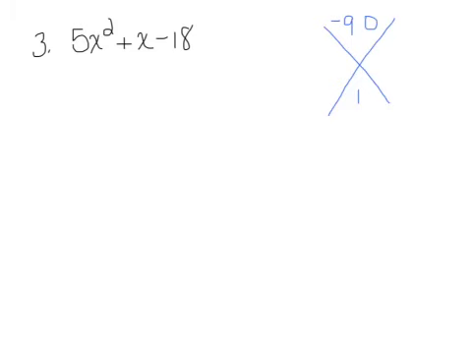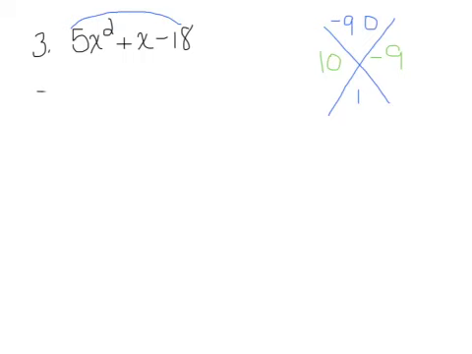Okay, so I know that I have to multiply 5 times negative 18. That gives me negative 90. And I need the numbers to add up to a positive 1. So those numbers would be a positive 10 and a negative 9.